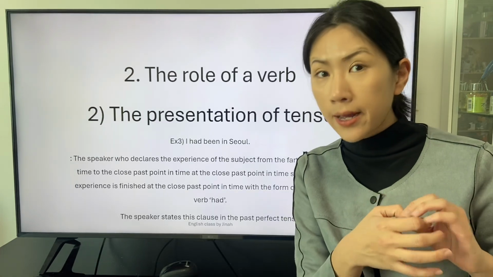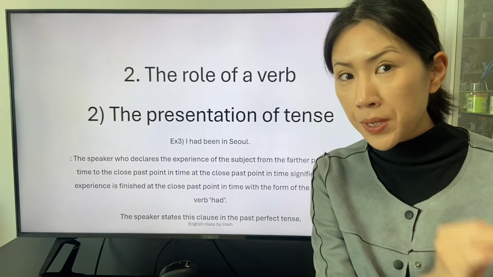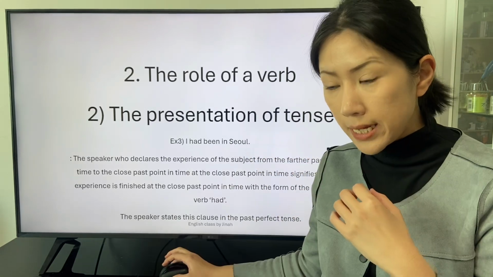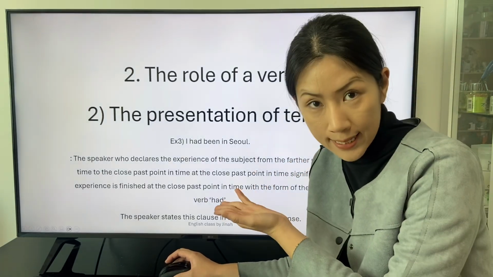The point in time that the speaker declares the experience is complete is revealed with the intransitive verb had.